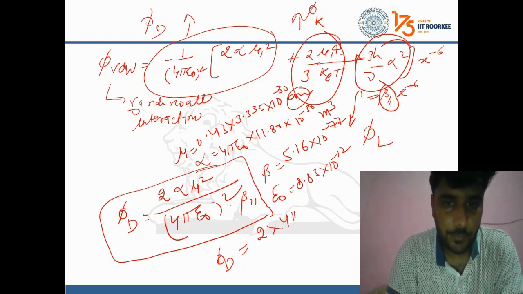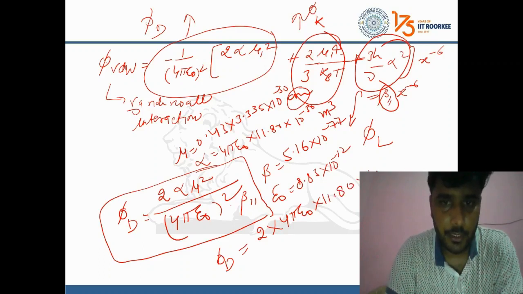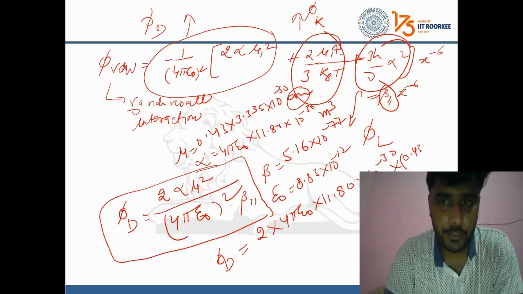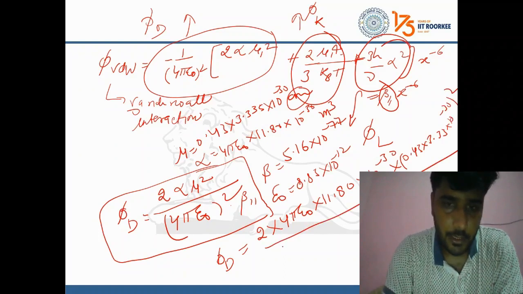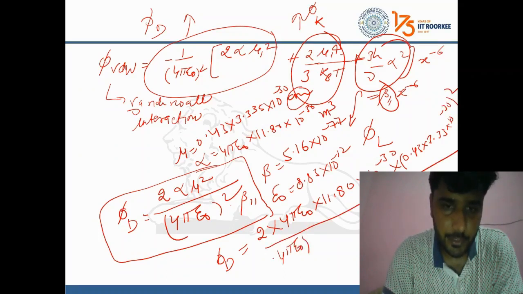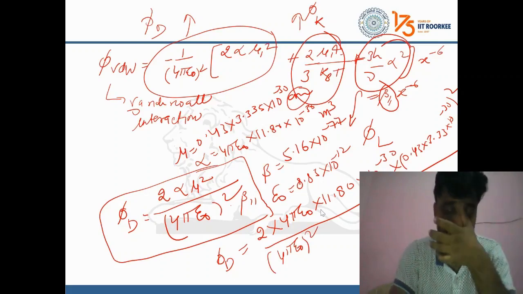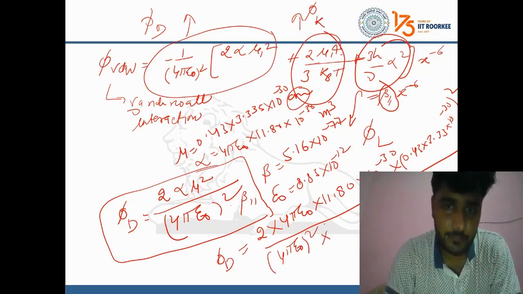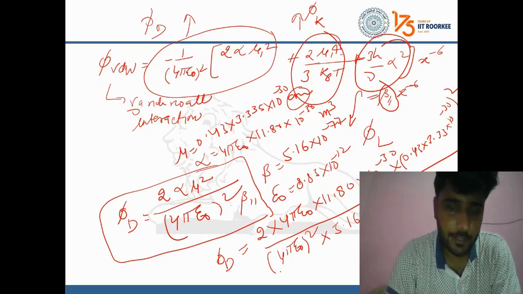Alpha is 4 pi epsilon naught multiplied by 11.80 10 raised to minus 30. Okay, and the mu square, that is 0.43 3.335 10 raised to minus 30 whole square. And I am putting the value as it is, and the beta value is 5.16 10 raised to minus 77.